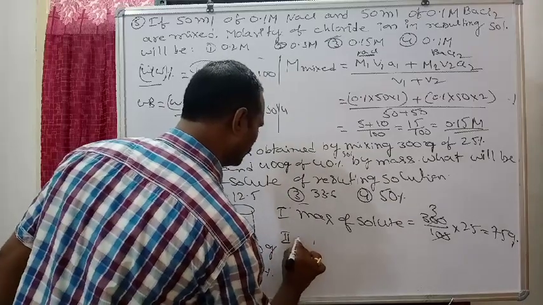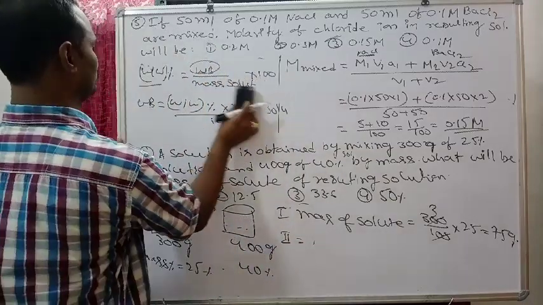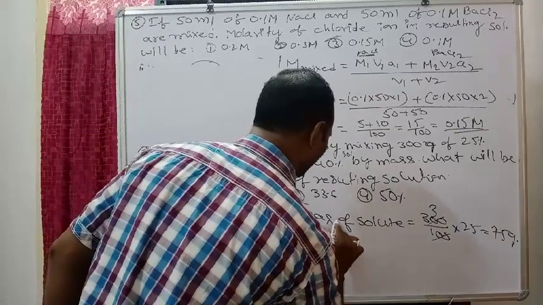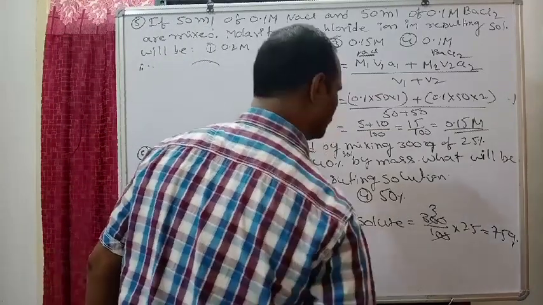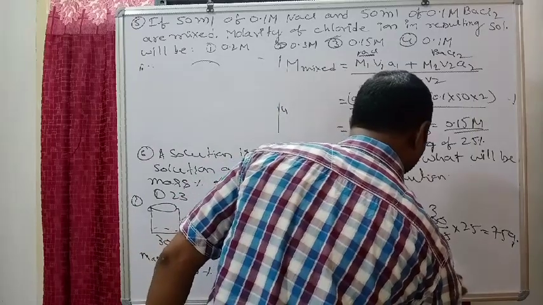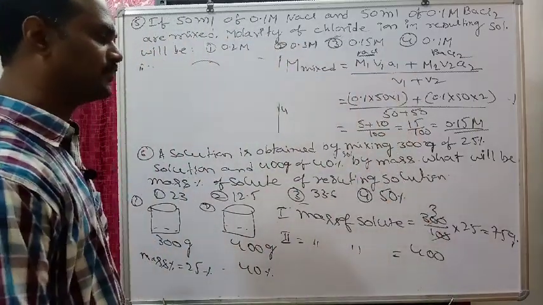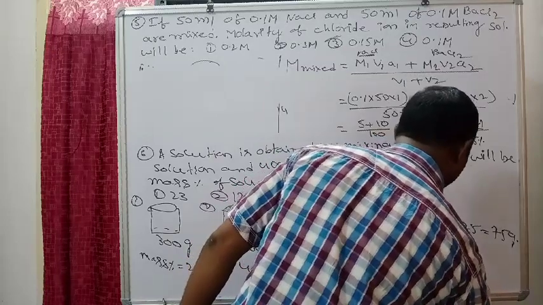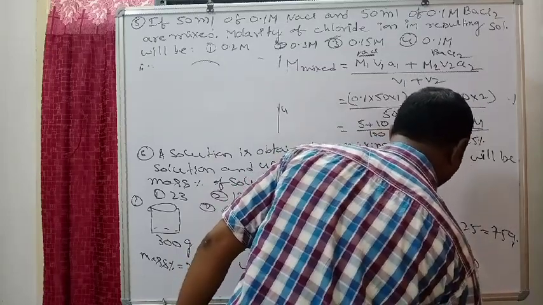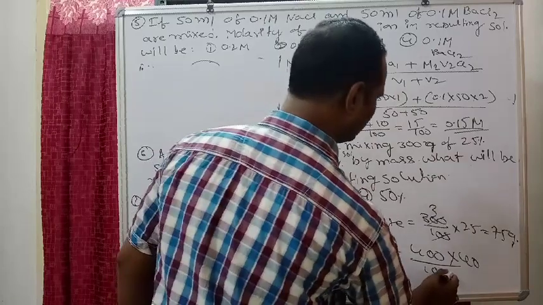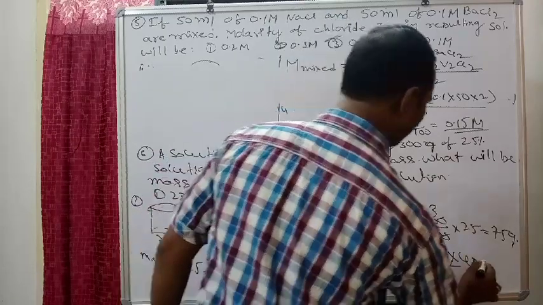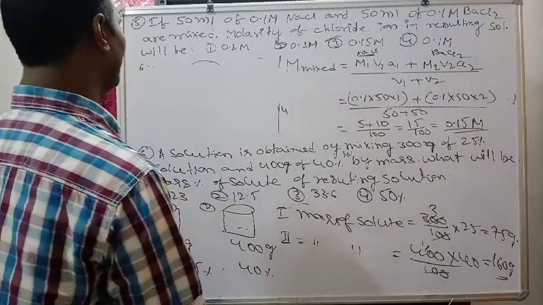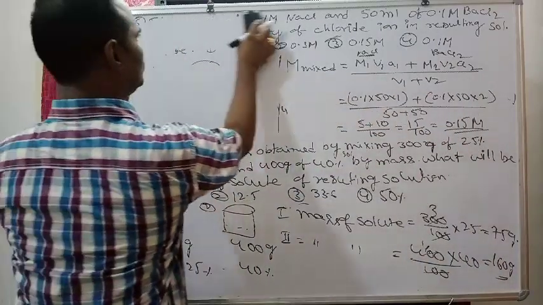Now case 2, mass of solute: total solution mass 400 grams into mass percent 40 by 100. So 4 into 40, 160 grams. Here I will complete.